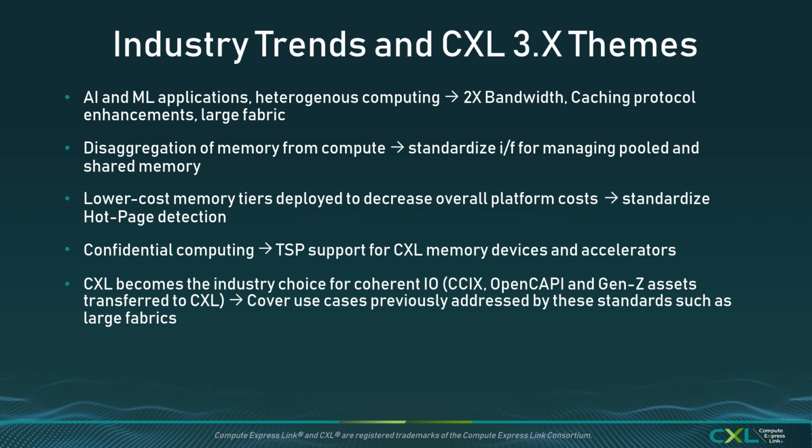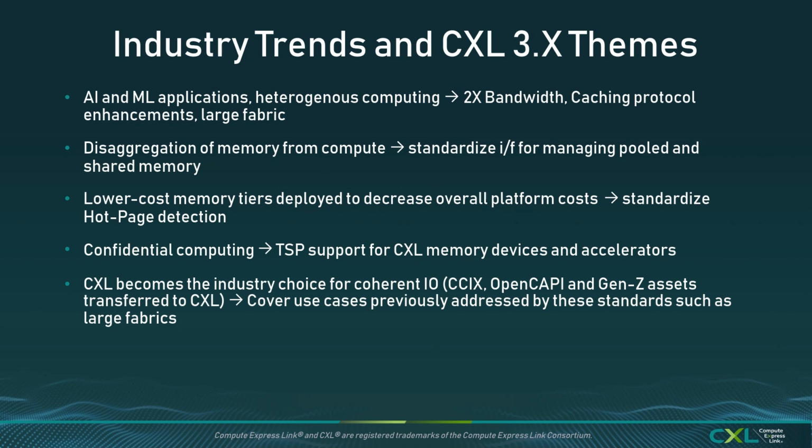The way CXL 3.x addressed that is by doubling the effective bandwidth and adding some enhancements to the caching protocol that would allow these entities to work together more efficiently. We also added support for larger fabric, so you can build a very large topology with lots of these compute elements thrown together, and they can work as a single cohesive unit.